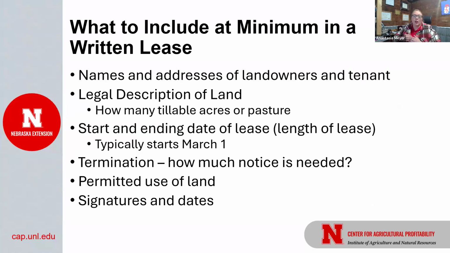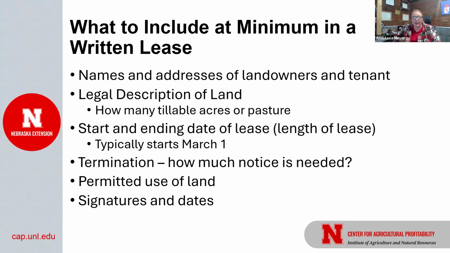Okay. If I am wanting to get a written lease or if I am evaluating a written lease, what should be the bare minimum in a lease? A lot of times, I hear people say, well, those leases are too long. What is the bare minimum that I should have? Well, the first would be the names and addresses of every landowner and tenant.